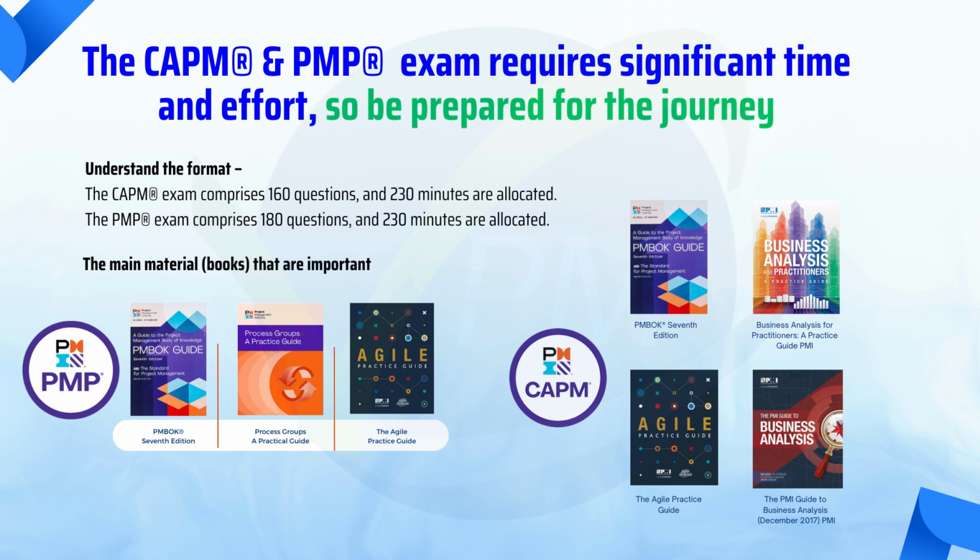Then if we move on to the CAPM exam, we've got again the PMBOK 7th edition, as mentioned. And then the other book, which is quite key, is the Business Analysis practice guide from PMI. So you do need to spend time again understanding and studying this book.